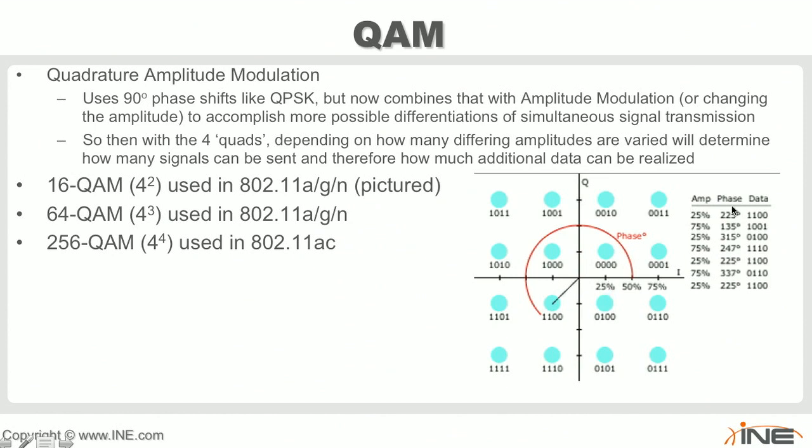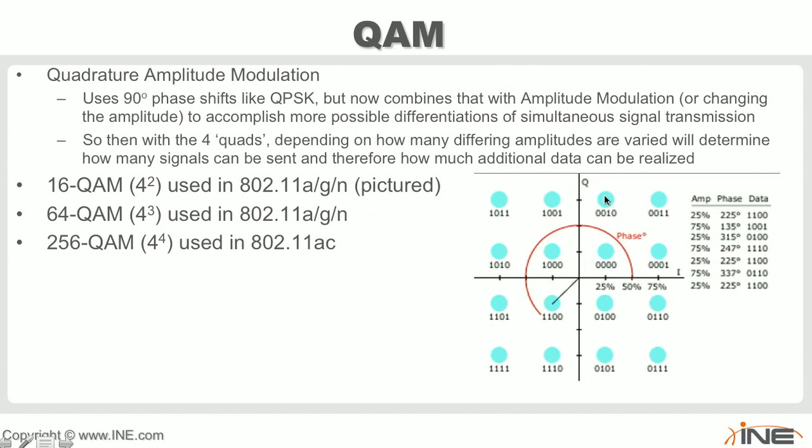The phase points are going to be different, and how many phase points there are actually determines 16, 64, 256. So really a certain power and a certain phase determines, let's say, 0000.